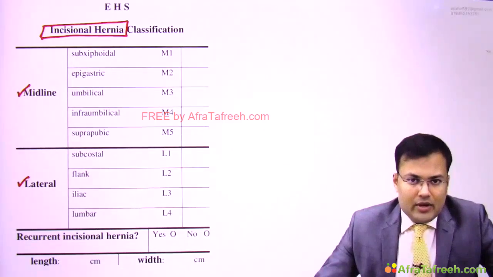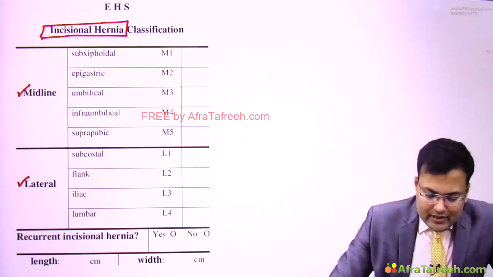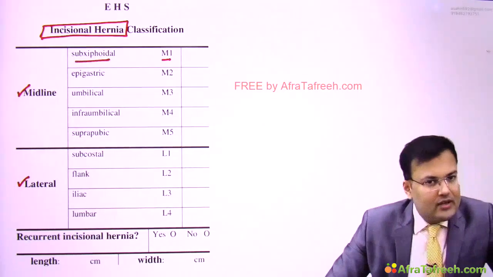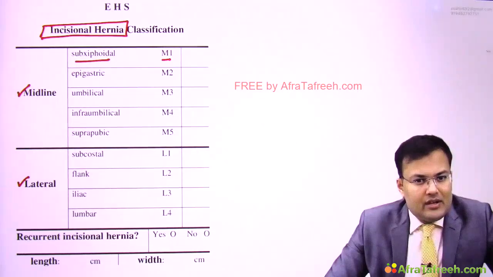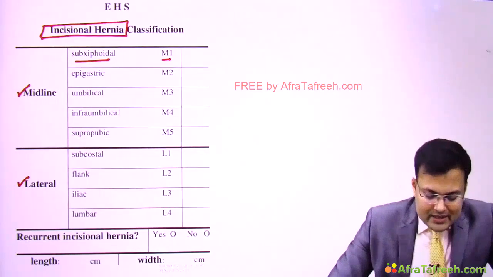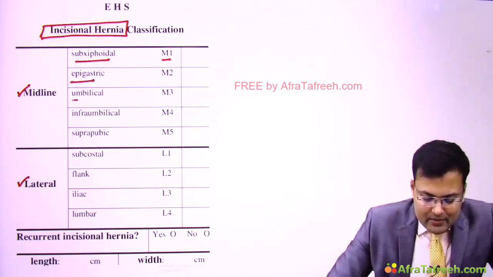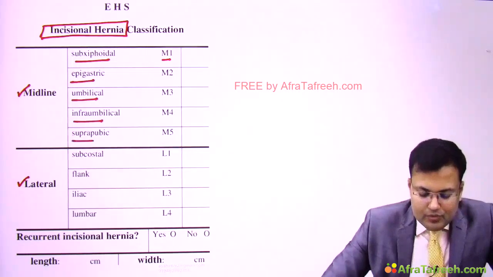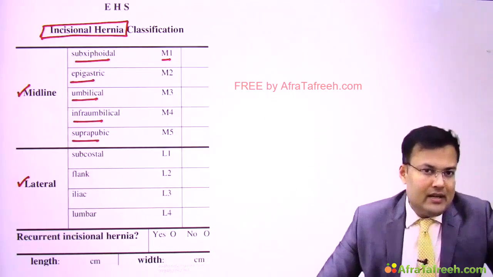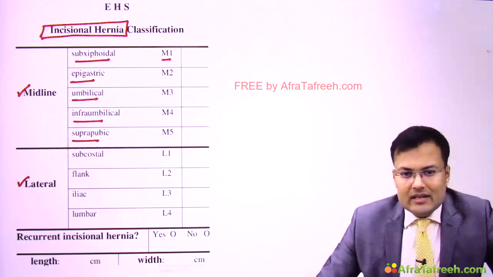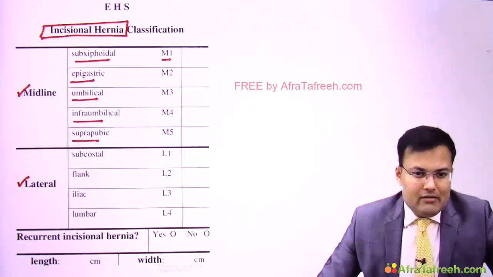Okay, so M1, that is subxiphoidal, located in subxiphoidal region. If it is located in epigastric region, this is epigastric, umbilical, infraumbilical and suprapubic. Similarly, the lateral incisional hernias are divided into 4 types, L1 to L4.